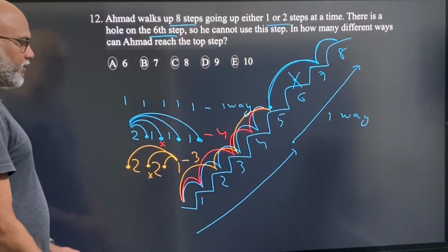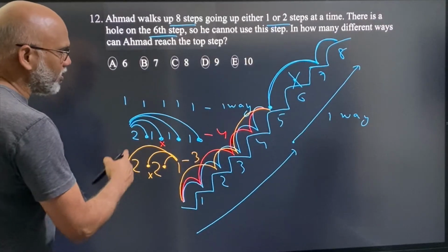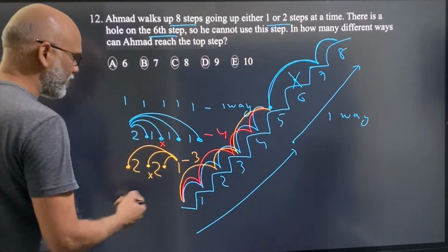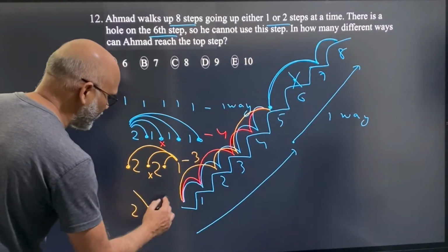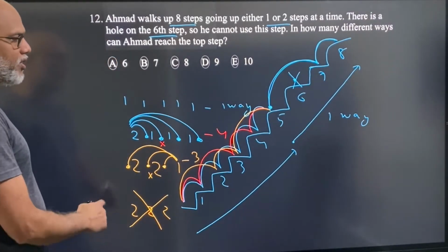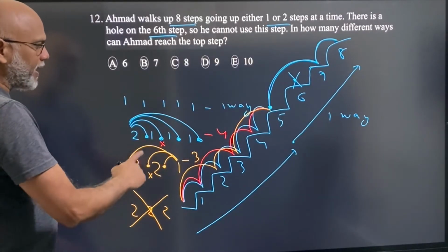That's 3 ways. Now, is there any other way we can combine ones and twos to get to 5? No, he cannot do 3 2 steps, right? This is already 6 steps, so he cannot. That is not possible. Then, so we have covered all the steps. So how many are there total?